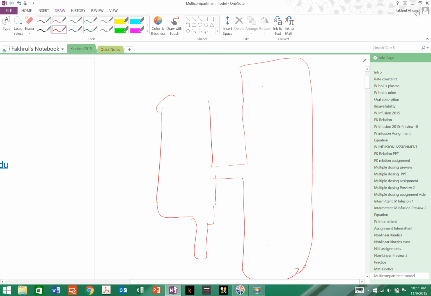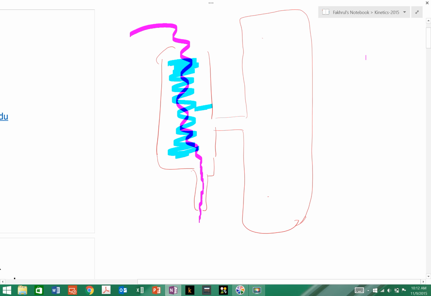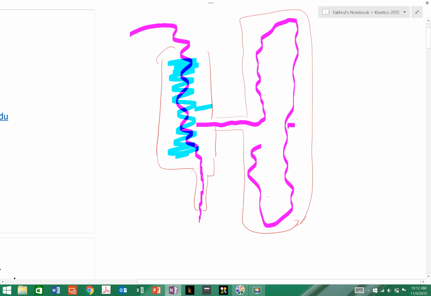Let's go back to the concept of the water, and here our drug is coming, and the drug is eliminating from this compartment. But under the assumption of a two compartmental model, with time the drug is also distributing to a bigger compartment. So what is happening here?